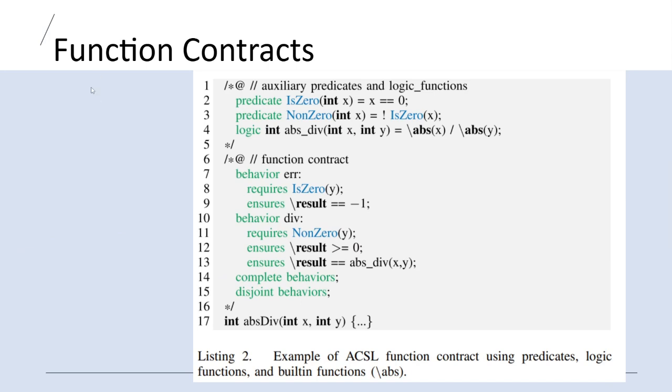Then we are going to talk about the function contract. The function contract describes the behavior, and requires means the precondition. The behavior error has the precondition y equals 0, and the postcondition is that the result will equal -1.